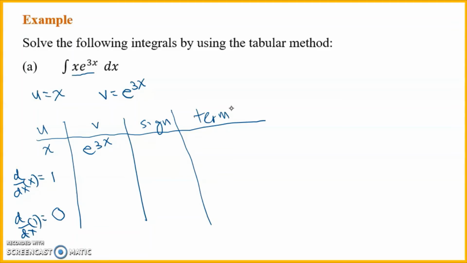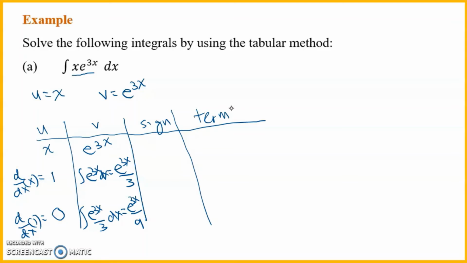Now I'm going to integrate v the same number of times. Integrate e to the 3x dx, I get e to the 3x over 3. Then integrate this again, I get e to the 3x over 9.